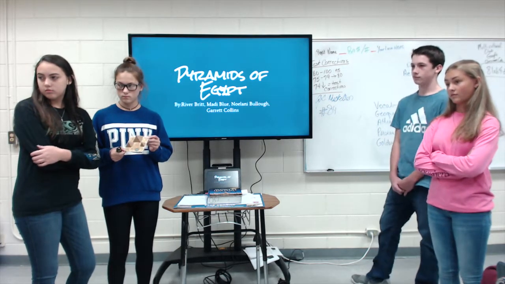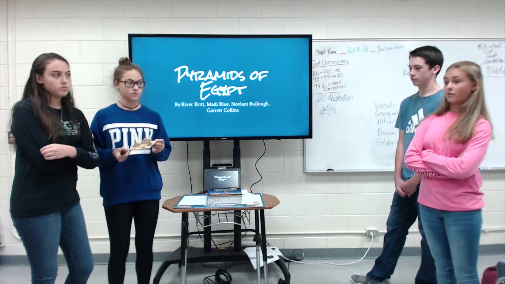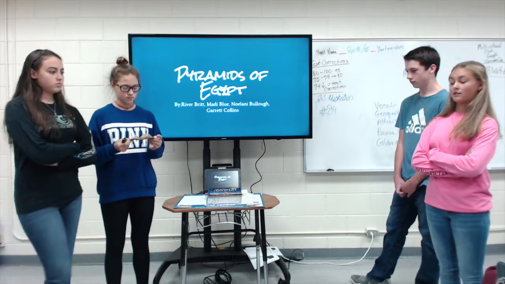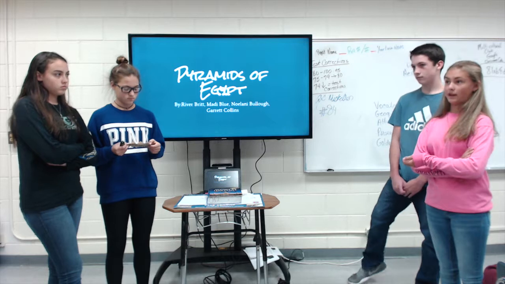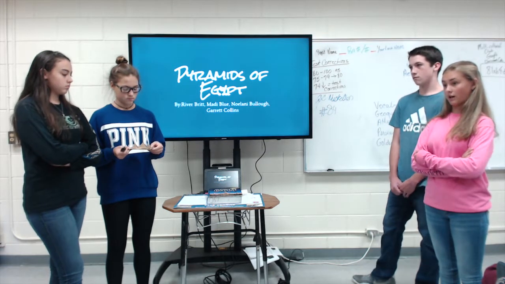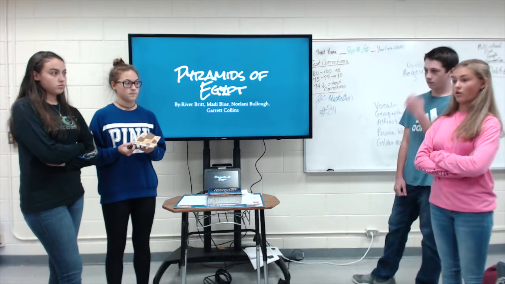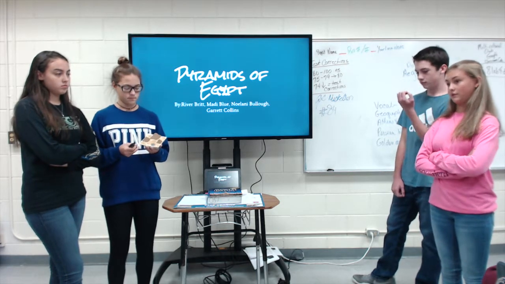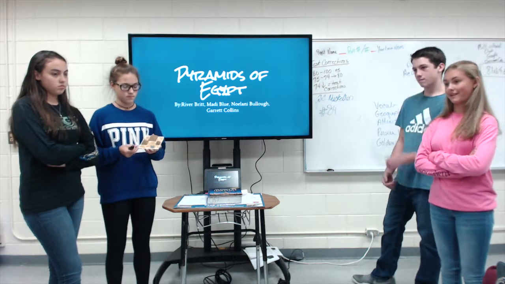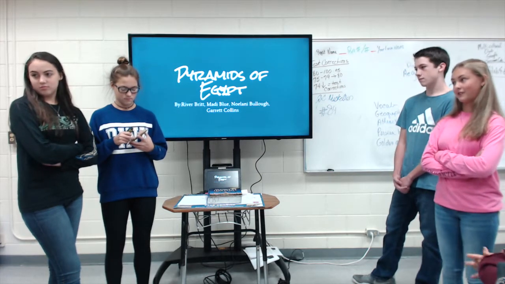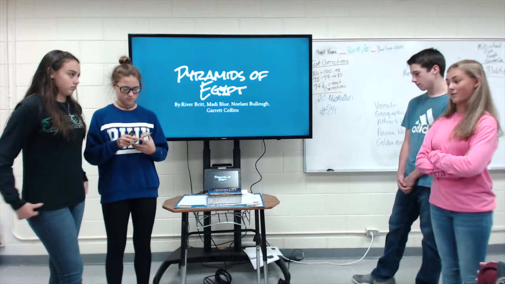What we did was all of us picked a different pyramid, and then they all let me check the math work. When I checked it, one of the ones seemed a little off, but when I printed it, it was just really weird. So I went back in and fixed it. And then River did all the extra stuff like the oasis.